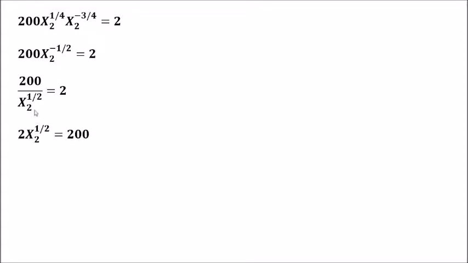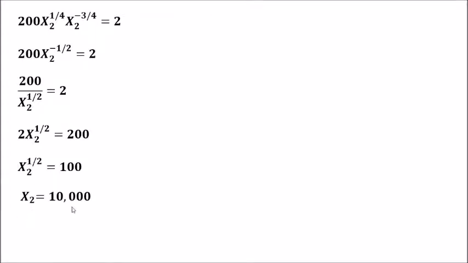Rewriting that result. Adding up these exponents on input 2 gives us this result. Following the rules of exponents, bringing input 2 down into the denominator, and then multiplying through by x raised to the 1/2 power, dividing through by 2, and now finally squaring both sides.